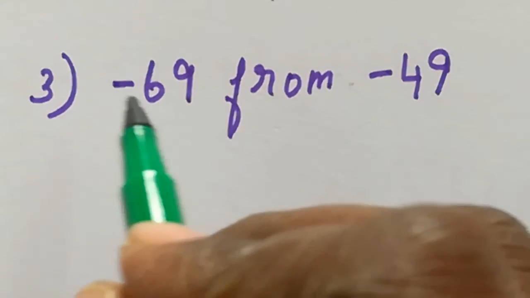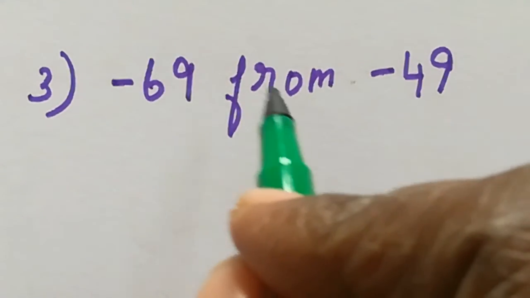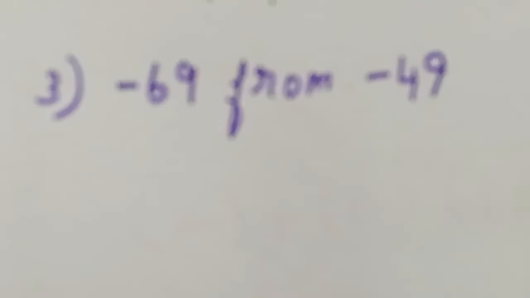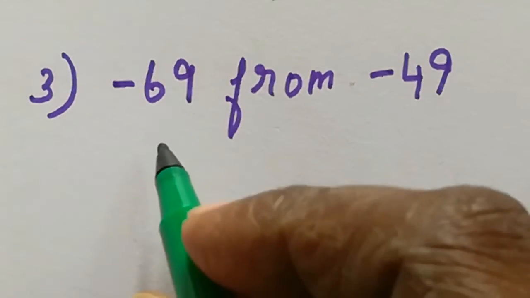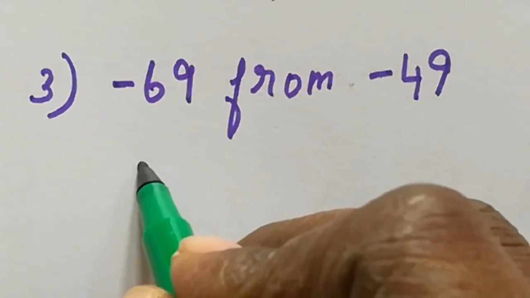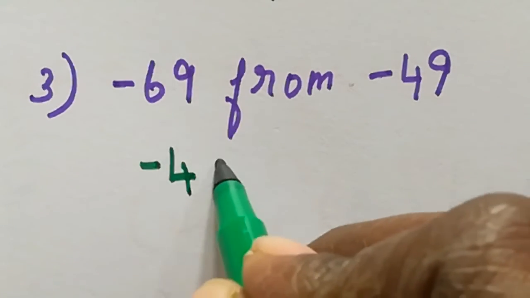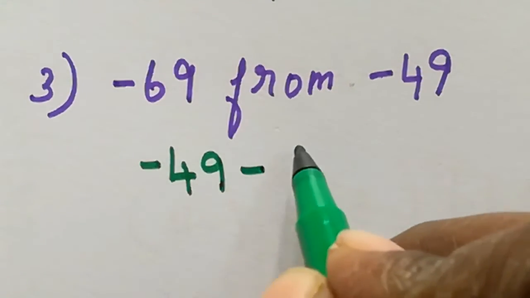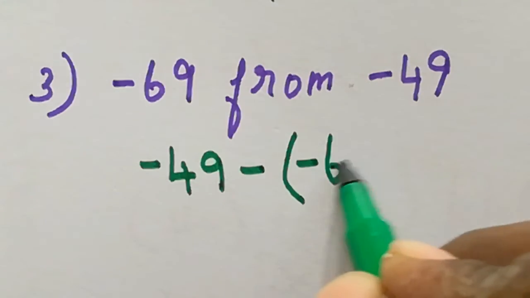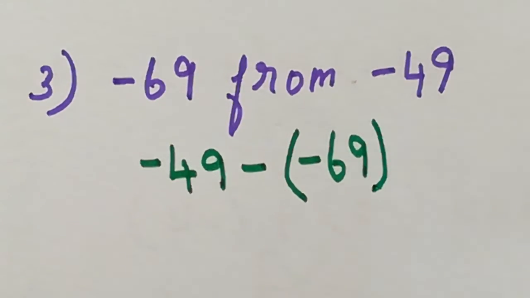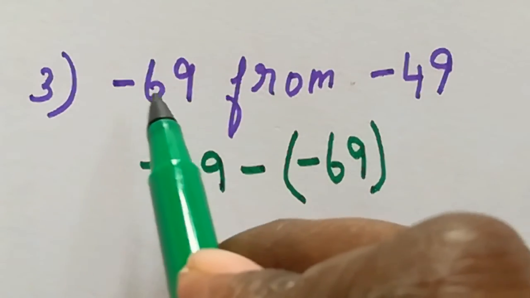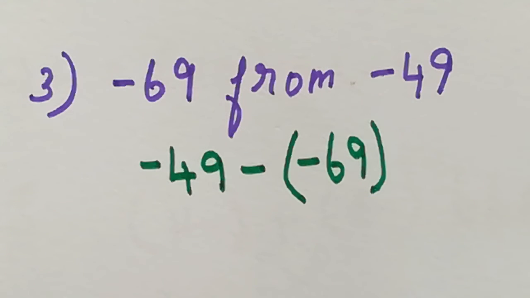Let us see the third example. You have to subtract minus 69 from minus 49. That means we have to find minus 49 minus of minus 69, isn't it? So we are going to take away minus 69 from minus 49.